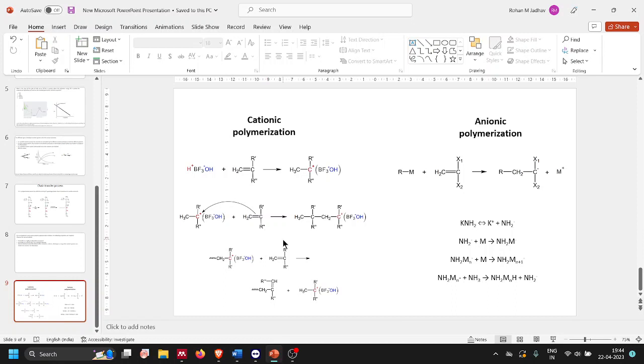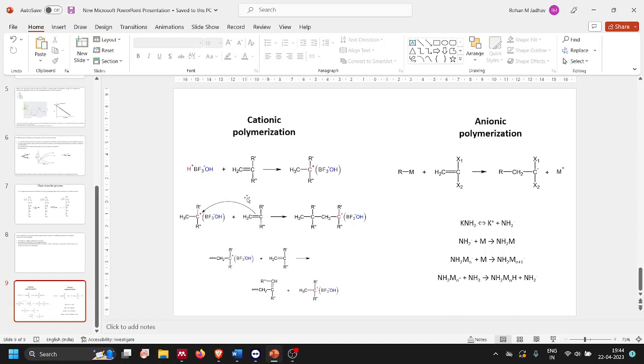Another type of initiator is Lewis acids, or Friedel-Crafts catalysts. Lewis acids are usually defined as having empty orbitals which are capable of accepting electrons. One example of the Friedel-Crafts catalysts would be tin chloride and aluminum chloride.